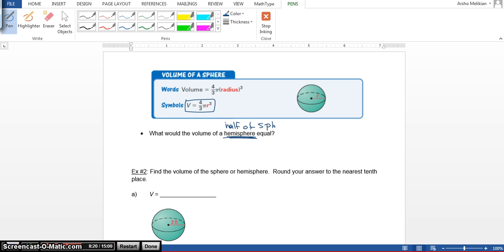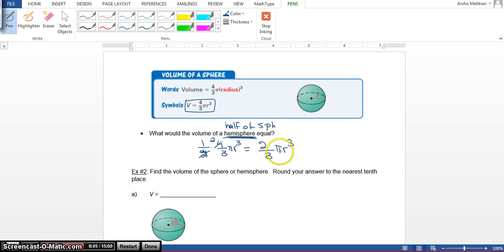So if I wanted to find the volume of the hemisphere, then it would be just half times 4 over 3 pi r cubed. Okay? And if it's half of this one, what can I do with the 2 and the 4? They cancel and I get a 2 here. So it would be 2 over 3 pi r cubed.